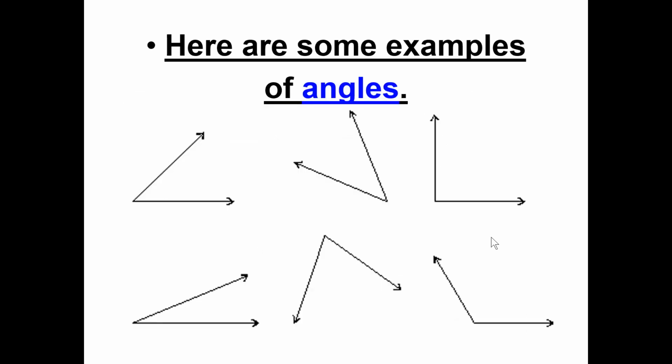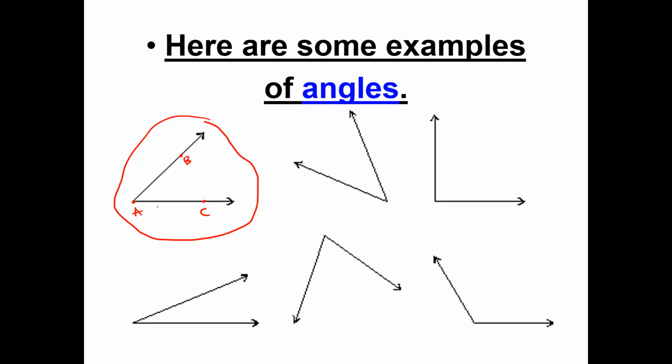Okay, so here are some examples of angles. As we can see here, we have two rays which have the same endpoint, or what we call the vertex. If I go to this angle here, you'll notice we have two rays. Let's name this point A, another point B, and another point C. These are ray AB and ray AC.